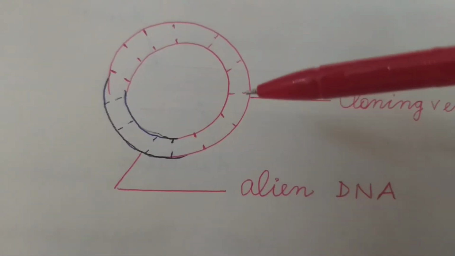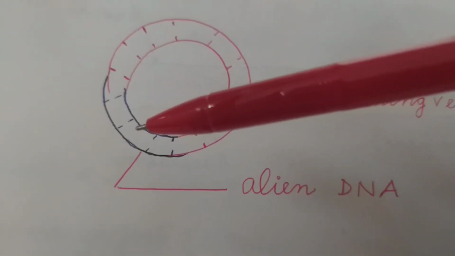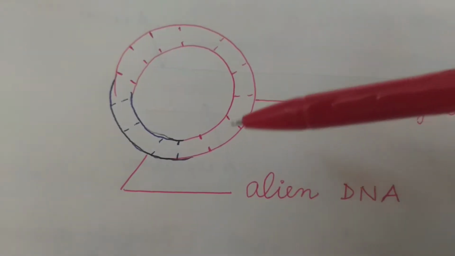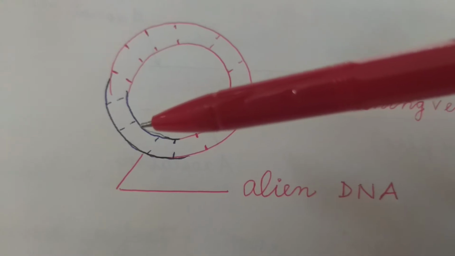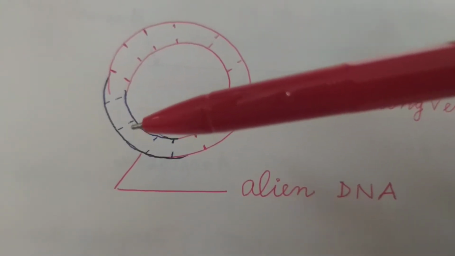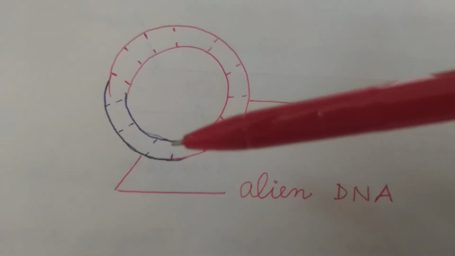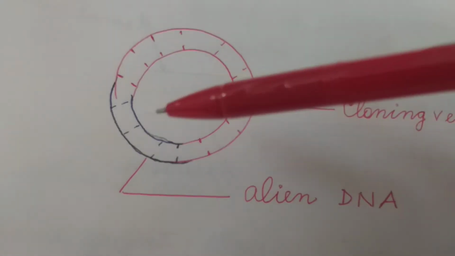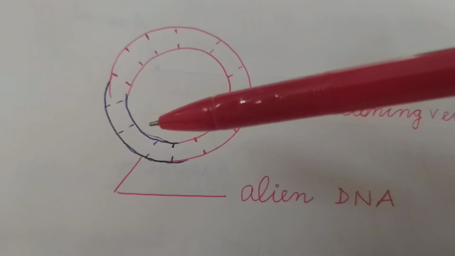This is the vector. Now when the alien piece of DNA is linked to a vector, it makes the alien DNA multiply and make multiple copies. This is called cloning. So the vector is called cloning vector because it facilitates cloning, because it makes the alien DNA make multiple copies.